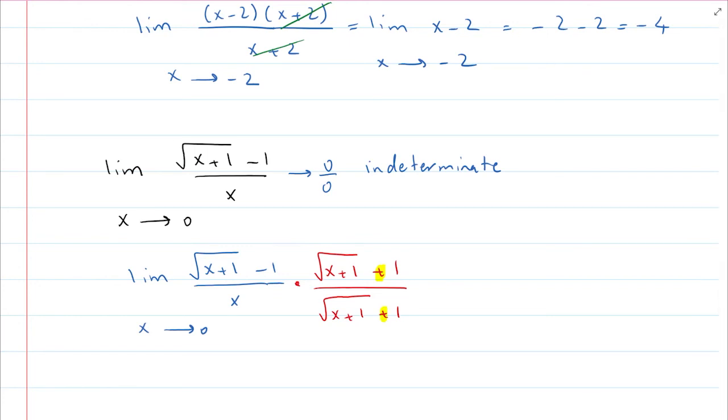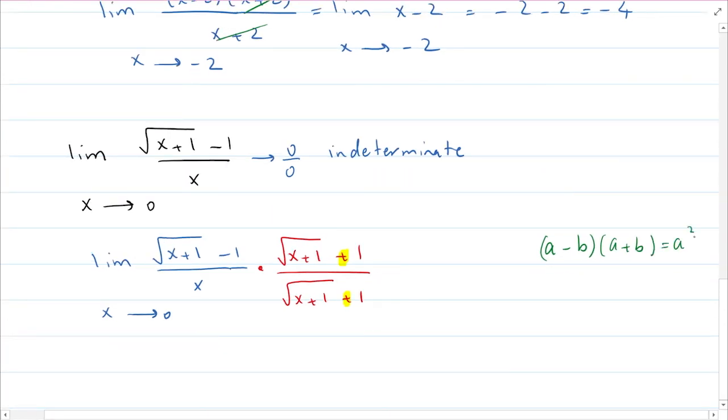Now, using the identity that says (a minus b)(a plus b) gives us a squared minus b squared, I'm going to use this identity. So this is a, this is b, this is a, this is b.